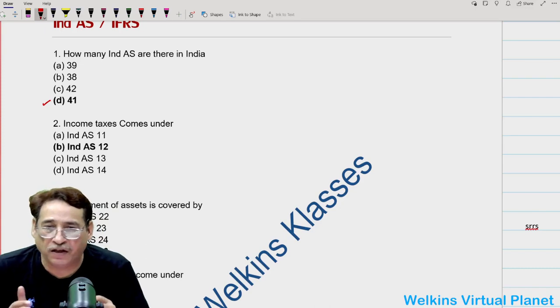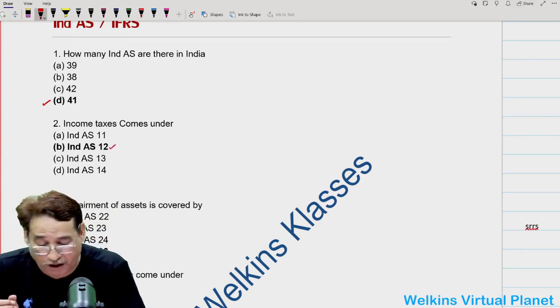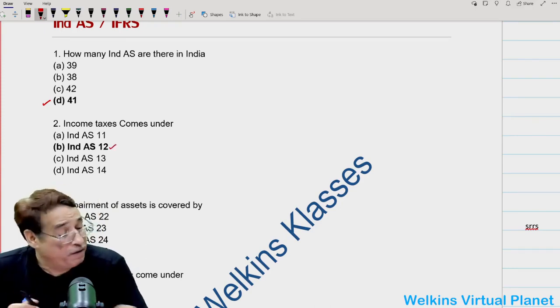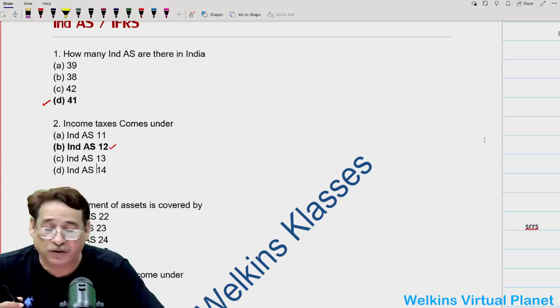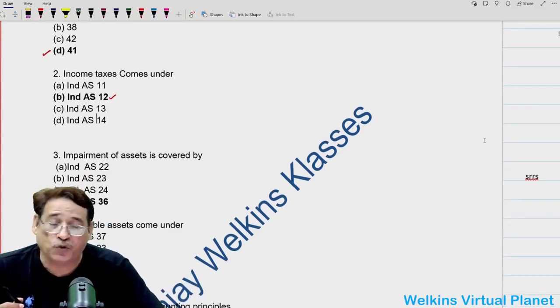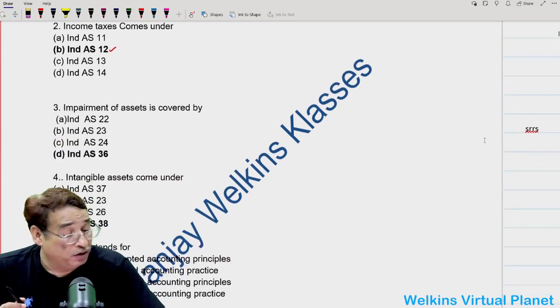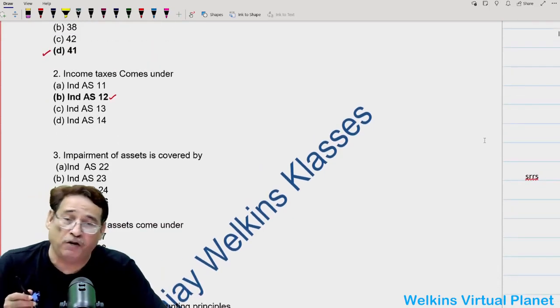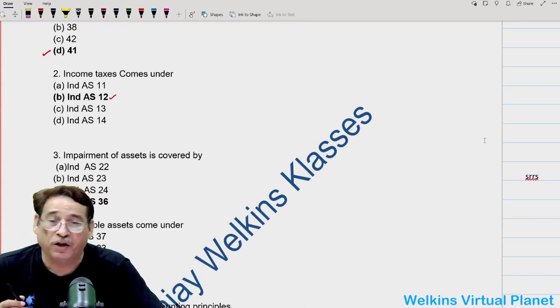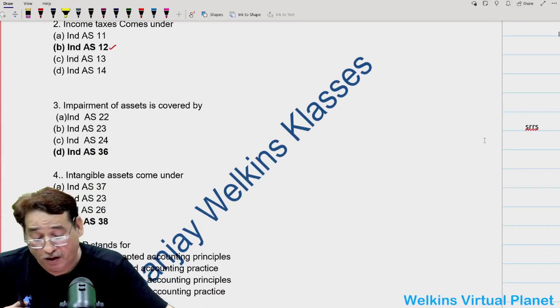As far as Ind AS is concerned, your answer should be Ind AS 12, correct? And you have seen that under Ind AS 12, in order to compute deferred tax and deferred tax liability, we adopt the balance sheet approach, where we compare the carrying amount and the tax base, if you remember.